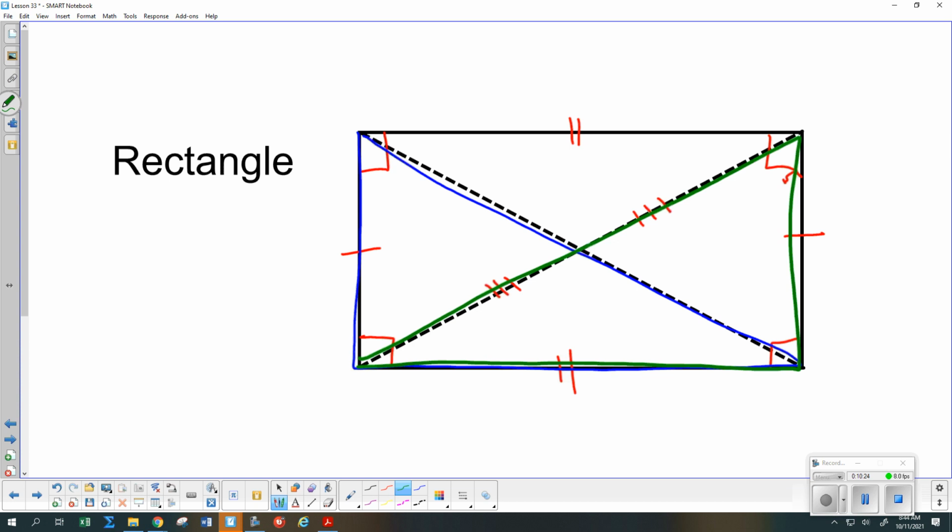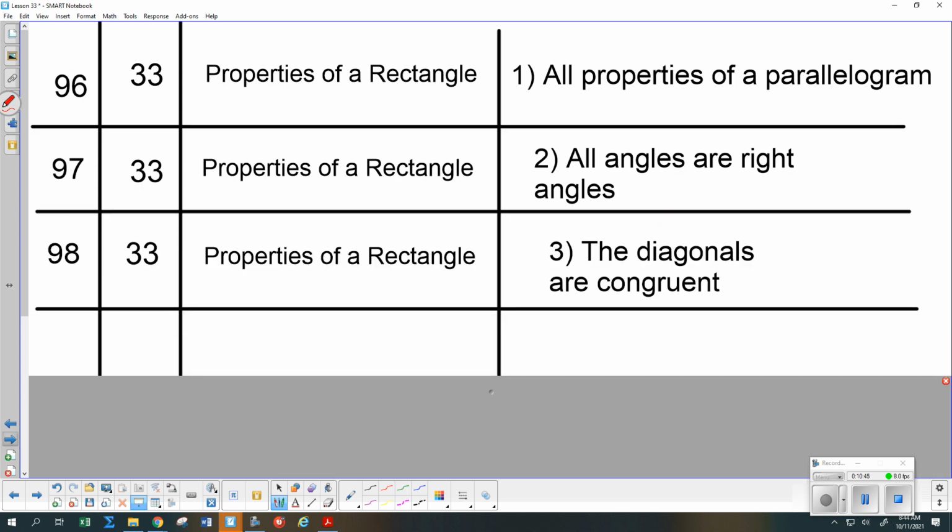So those two triangles are congruent by SAS. That means CPCTC, the hypotenuses are corresponding sides and have to be congruent. So now those diagonals are just as long as each other. I don't have one that's longer than the other one. So that's my final special property for a rectangle. The diagonals are congruent in that.